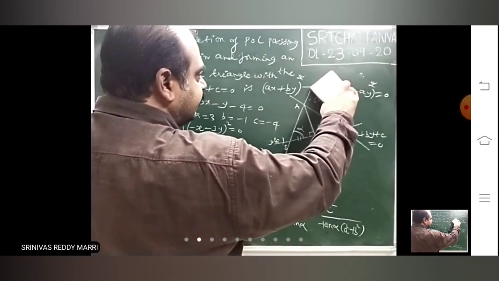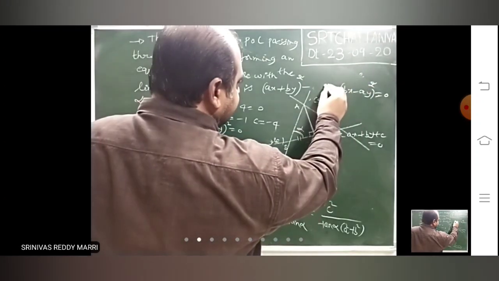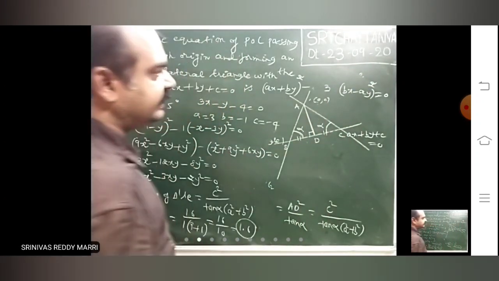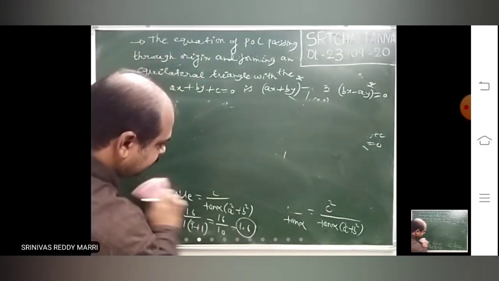That means here you will get 3. That's all. Tan square alpha is what? 3. The angle is 60 degrees. And forming an equilateral triangle, that means the diagram will be like this.